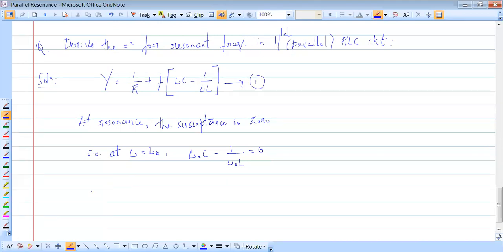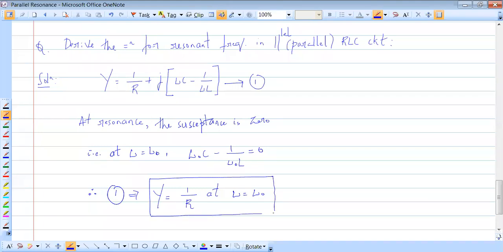So equation 1 implies what? Y is equal to 1 by R at omega equal to omega naught. So this is one thing. Now this is the second, equation 2.